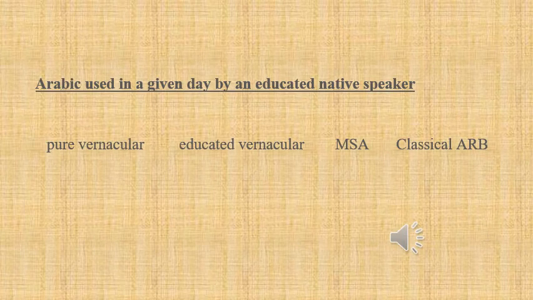Now, one thing that we should mention among the things that make Arabic challenging is that, on any given day, a native speaker is actually using different registers of Arabic, depending on the context of the discourse.